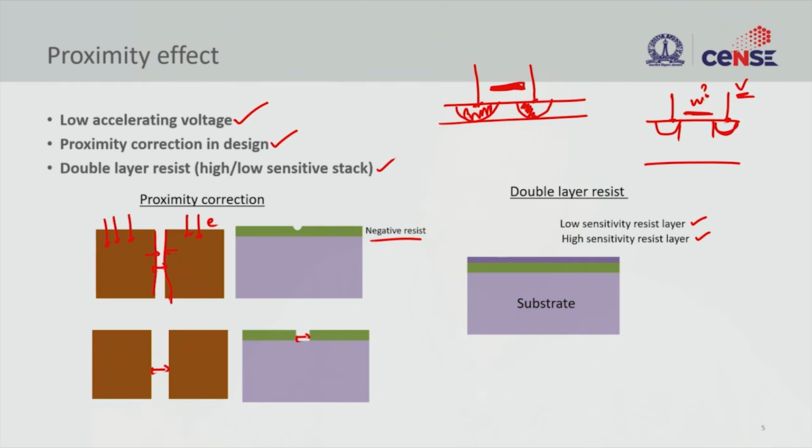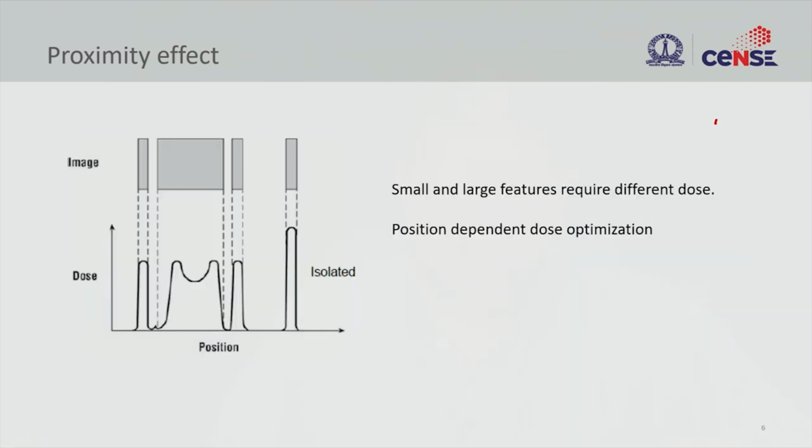So another way is to have layer 1 and layer 2, and I can use this high acceleration voltage, but layer 1 is a very low sensitive material that primarily absorbs most of it, and then your second layer, which is highly sensitive, will be exposed with lower energy here and so on. So this is how you can also tackle proximity effect.